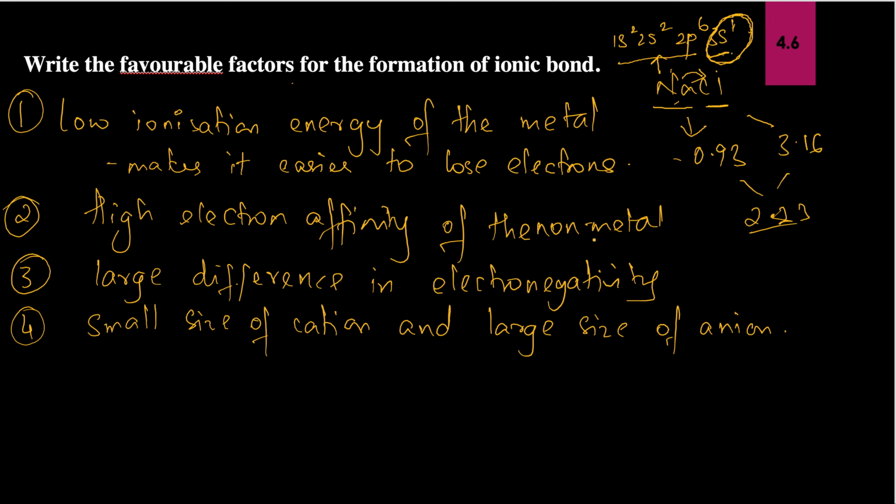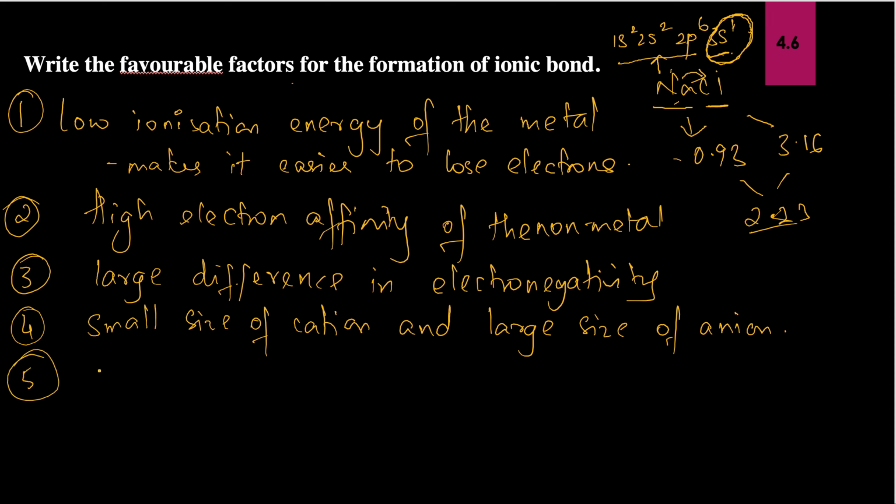Whereas chlorine will accept that electron, and in some elements it forms a new shell when it is accepting an electron. So in that case the anion will be larger when compared to the cation. So small size of the cation and large size of the anion will favor ionic bond.